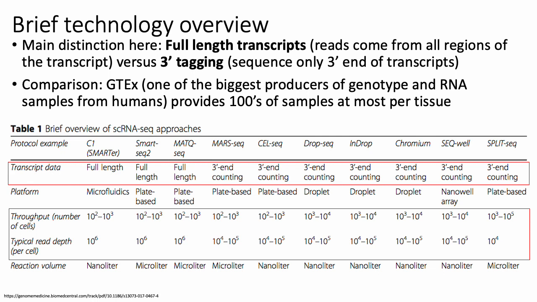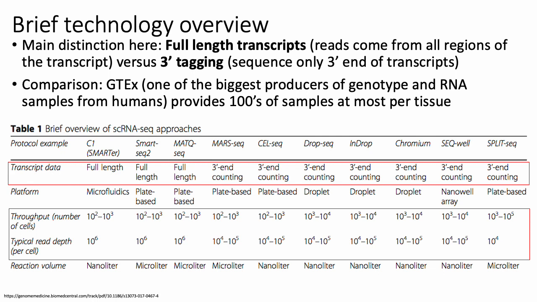Methods that assay full-length transcripts basically generate reads that can come from, in theory, any part of any transcript. And so they typically involve some kind of fragmentation of full-length transcripts into smaller fragments, which you then get sequenced, analogously to the bulk RNA-seq protocol we talked about earlier.